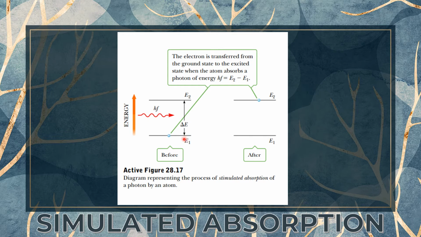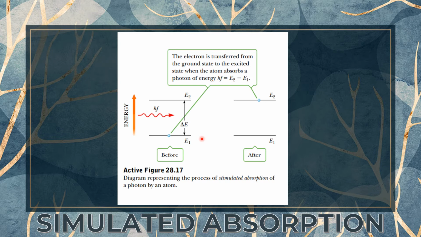The squiggly arrow represents a photon absorbed or emitted by the process. The vertical arrow shows how the internal energy of the electron changes in the process.